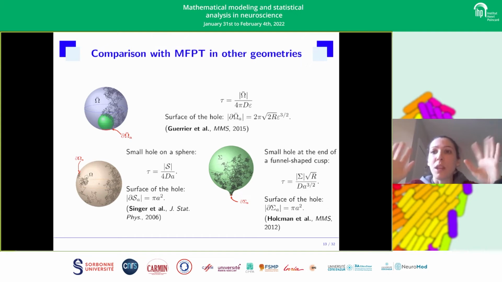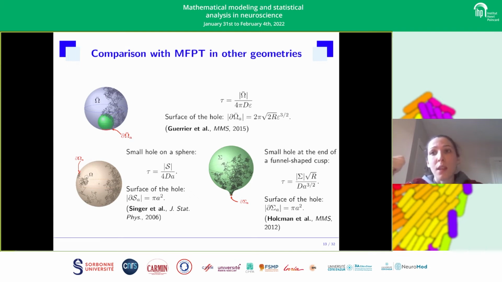So this is a way to integrate a very complex geometry into a very simple tool, a very simple model. Okay, so you can consider that at the first order, the mean first passage time is independent of the position if you start outside of the boundary layer. You know that the law that is associated to it, this is something that has been shown, is exponential.